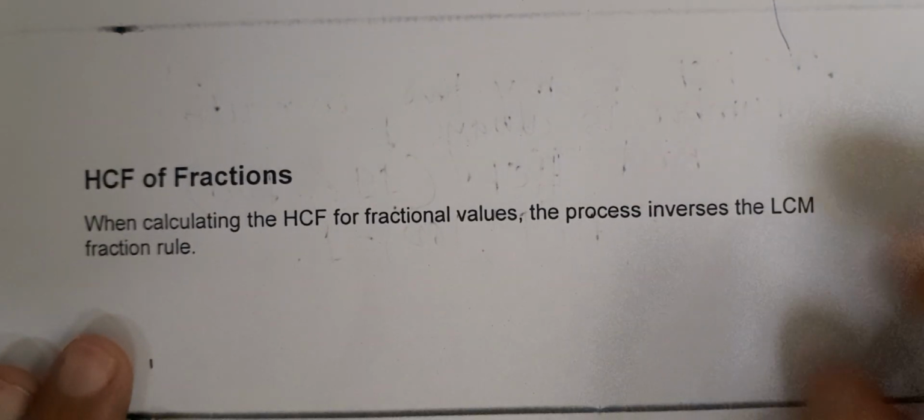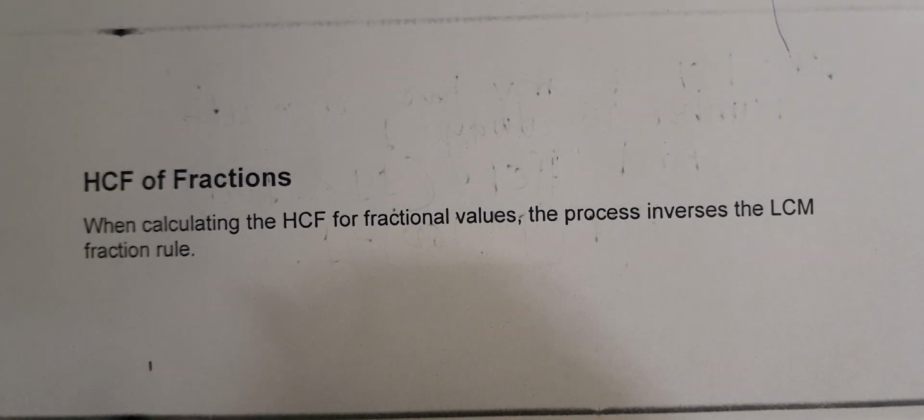HCFs of fractions. You know how you can find the HCF of a fraction. For the LCM of fractions, we have found that we take the LCM of the numerators divided by the HCF of the denominators.